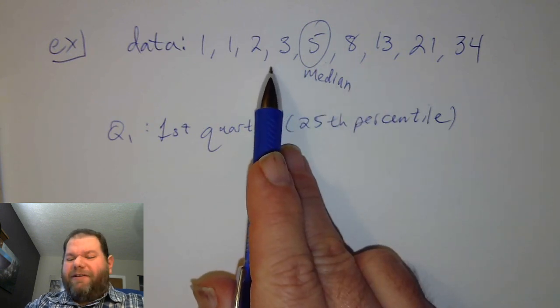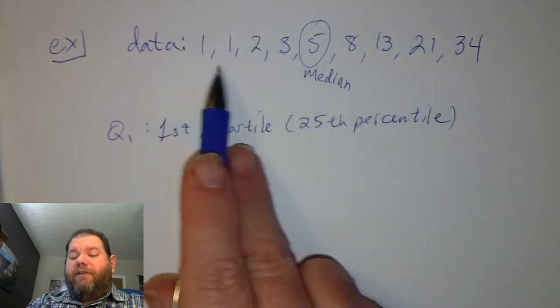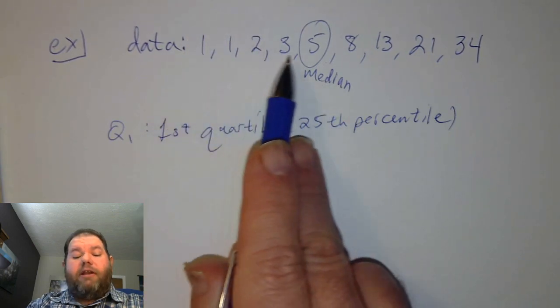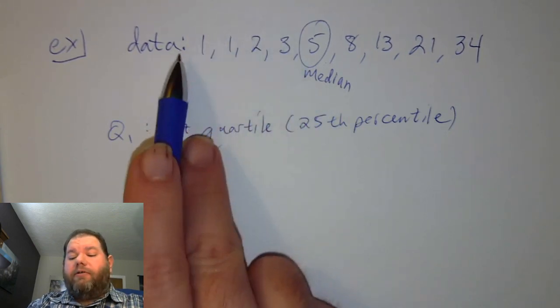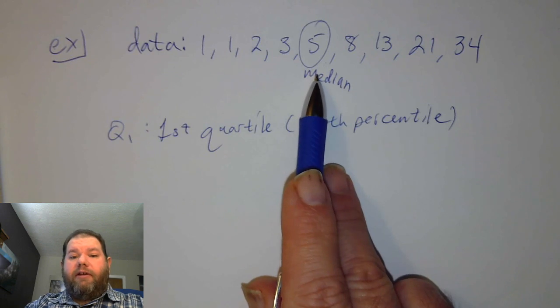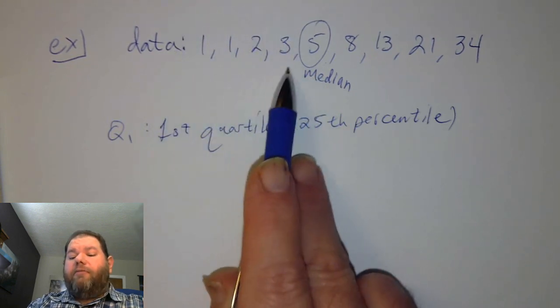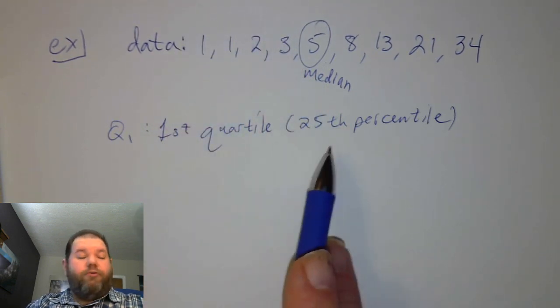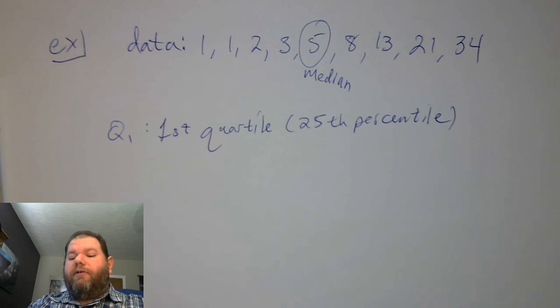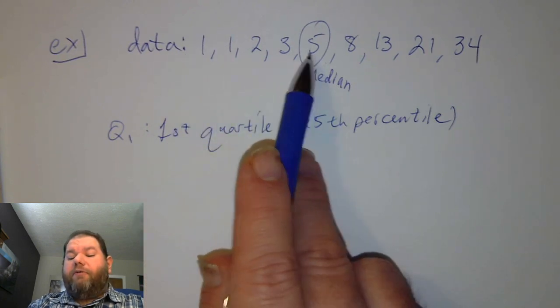Let me say that again. We take the lower half of the data set below the median, and we find the median of these four numbers now. So the median splits the data in half, so we want the middle half of the lower half, which would be the 25th percentile. Because now this represents 0 to 50, so we want the 25th.